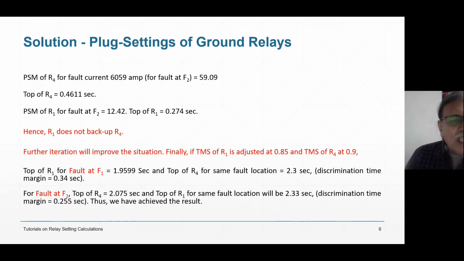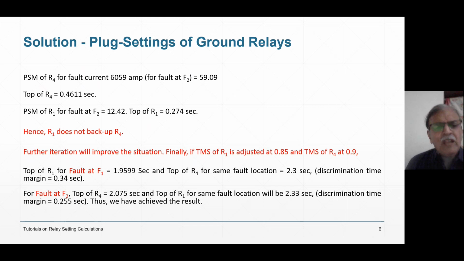I have done many iterations, and in the final iteration I concluded that if TMS of R1 is adjusted at 0.85, plug setting all 10%, remember, and TMS of R4 at 0.9, then time of operation of R1 for fault at F1 is 1.9599.